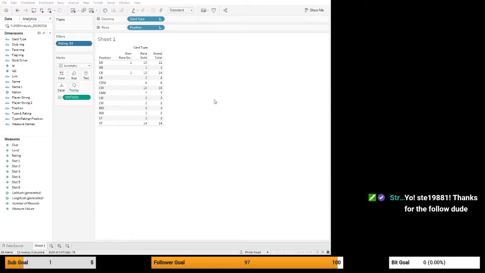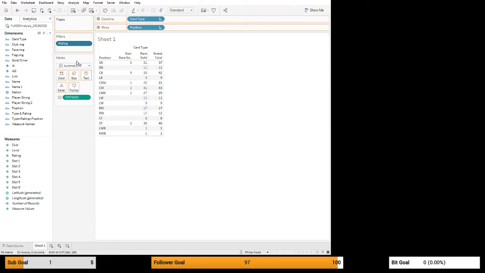Let's have a look at 82s, 81s, 84s. Numbers jump up. And what we want to do maybe is put some filter on the position as well. The ones you want to look at probably to start with will be the fullbacks and the wing backs and the wingers.